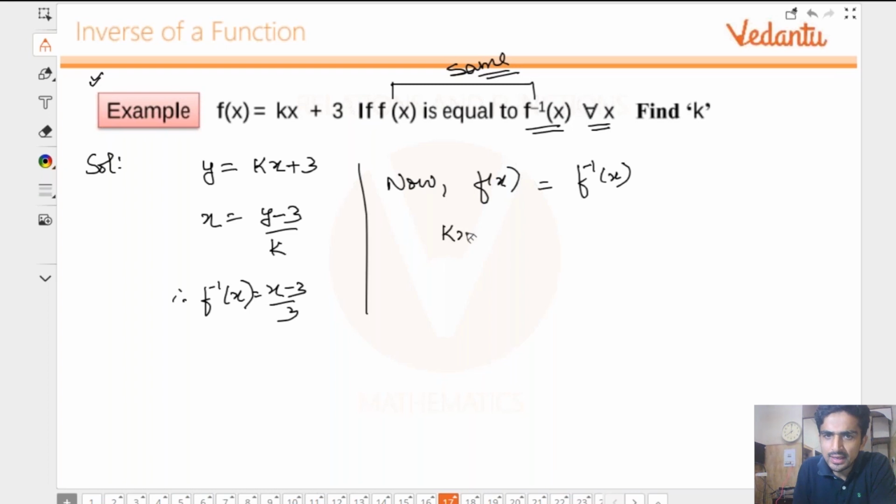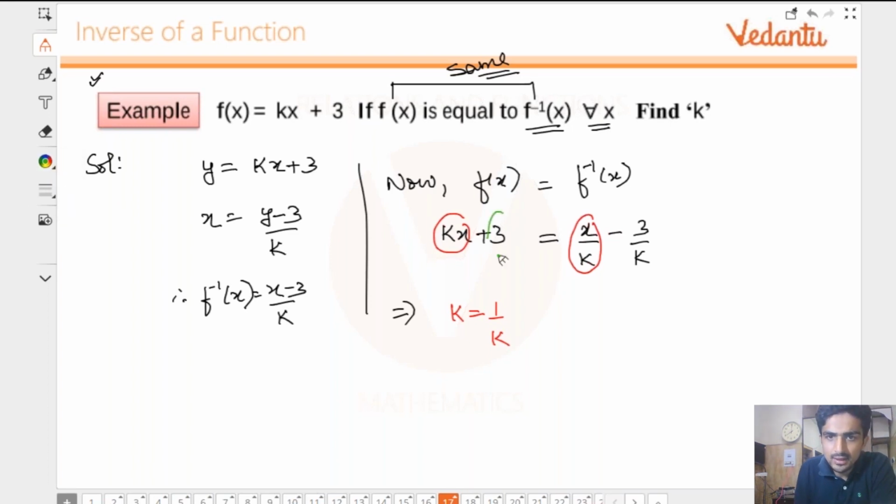So therefore, kx plus 3 should look like this, x by k minus 3 by k. They should look alike. So if they look alike, what does it mean? It means this and this should look alike, which means k should be equal to 1 by k.